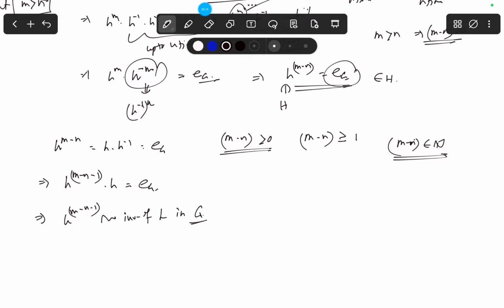Now since G is a group, the inverse of each element is unique. That means this must be H inverse.